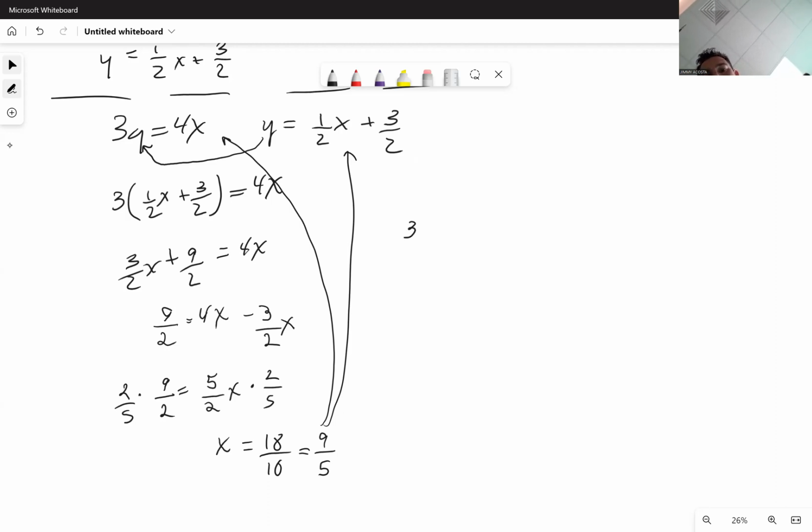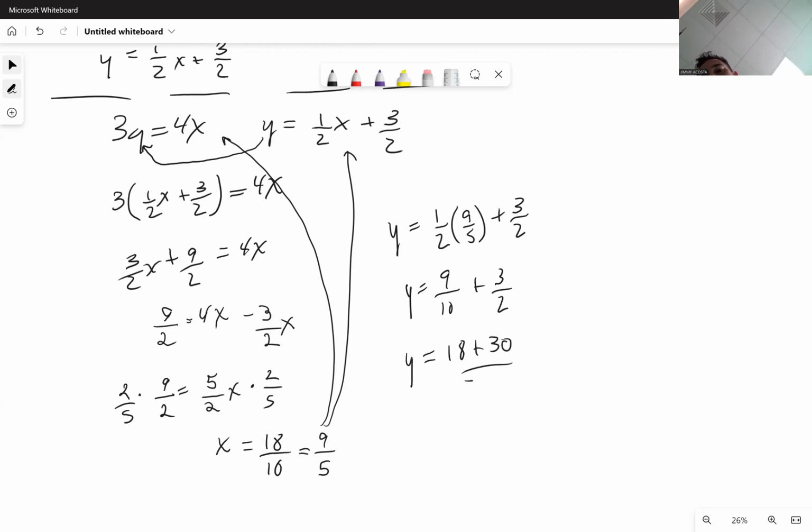So 3y. You know what? I'm gonna put it in this one because in that one I have to solve. So I'll just do it in this one. y equals 1/2 times 9/5 plus 3/2. That's not pretty. y equals 9 over 10 plus 3 over 2. So y equals 18 plus 30 divided by 20.